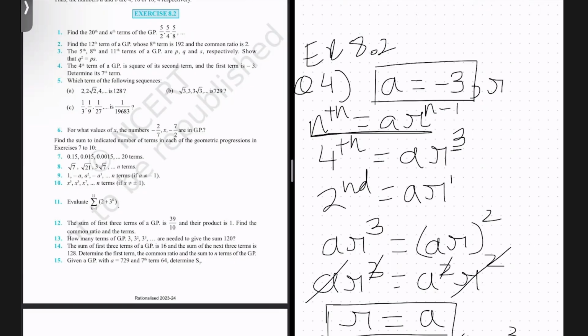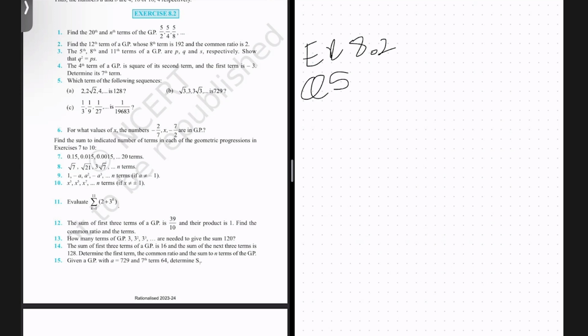Moving on to the fifth question of this particular exercise, we now have question number 5, right? In question number 5, we have to determine which term of the following sequences, and we have been given 3 sequences, and in those sequences we have been given a term as well, and we need to find out what number term that is going to be, right?